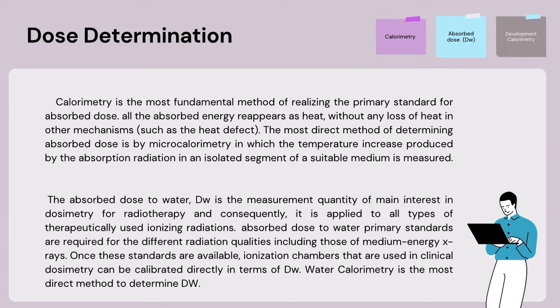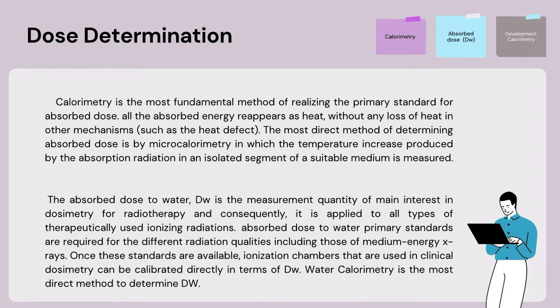Graphite is in general an ideal material for calorimetry since it has a low atomic number and all absorbed energy appears as heat without any loss of heat in other mechanisms such as heat defect.